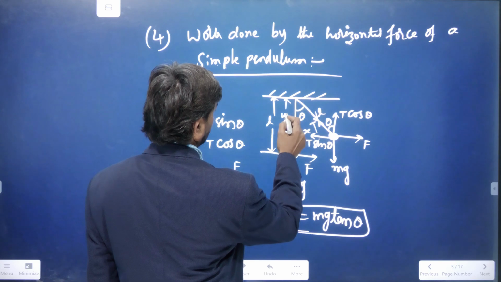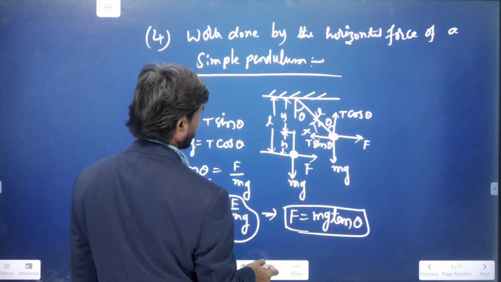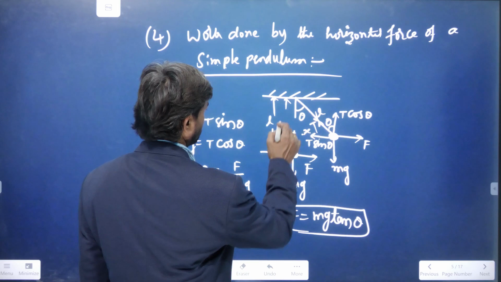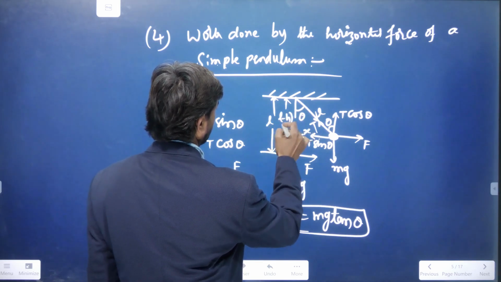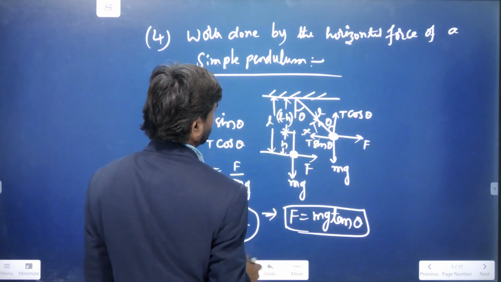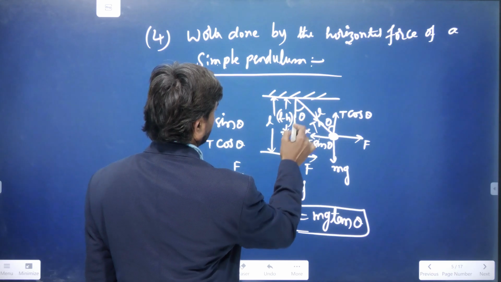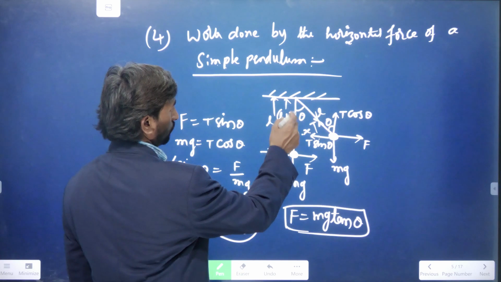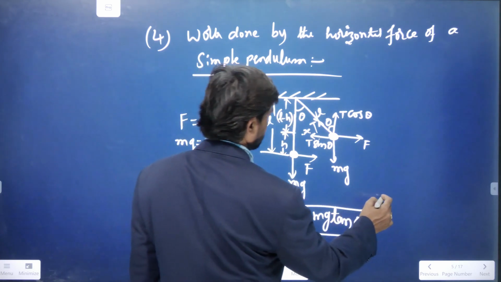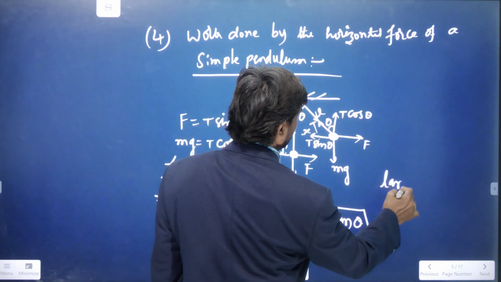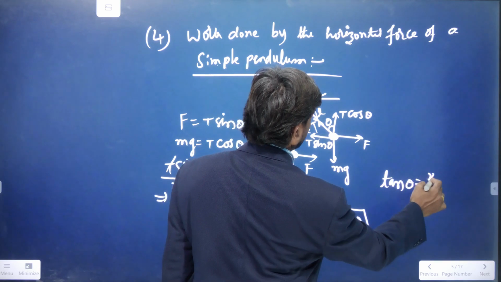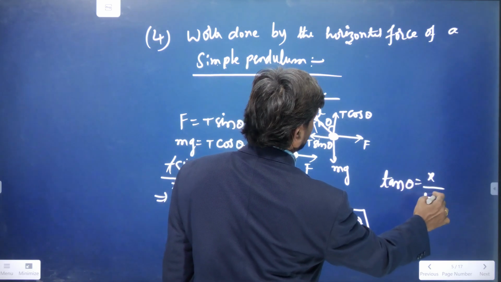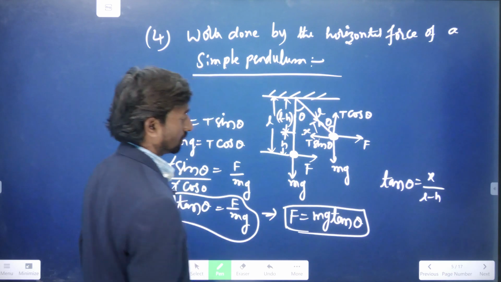Or otherwise we can write L minus h only, no problem. So this is L minus h, and this is the x distance it has moved. Then tan theta, from the triangle, is equal to x divided by L minus h.